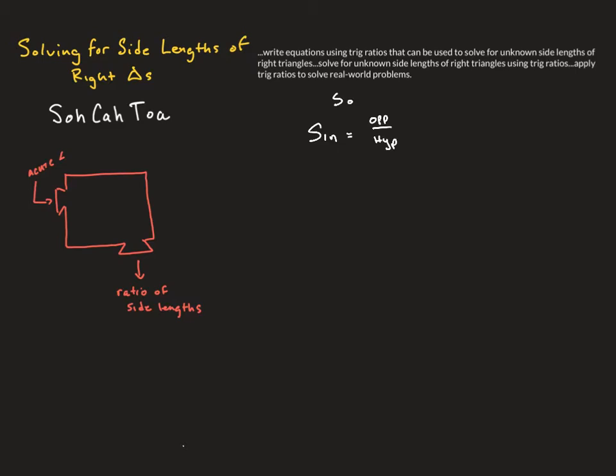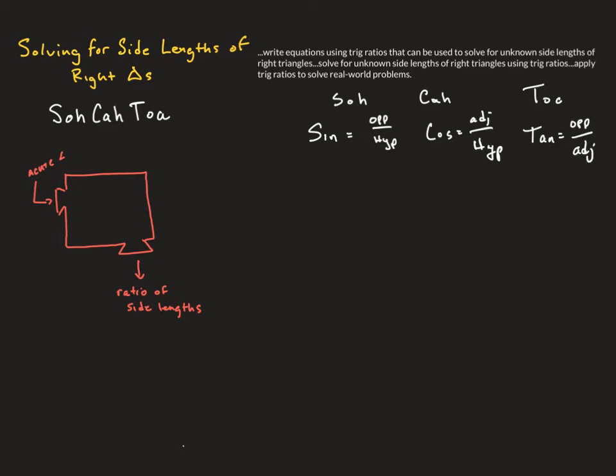Cosine is equal to the adjacent over the hypotenuse. And then my TOA is going to be the tangent is equal to the opposite over the adjacent.